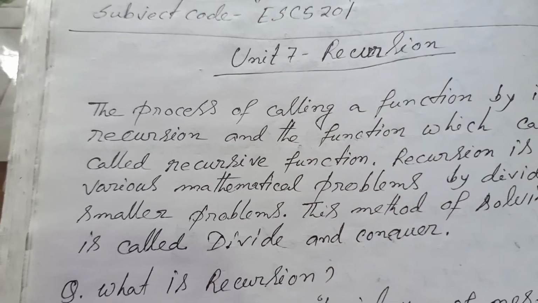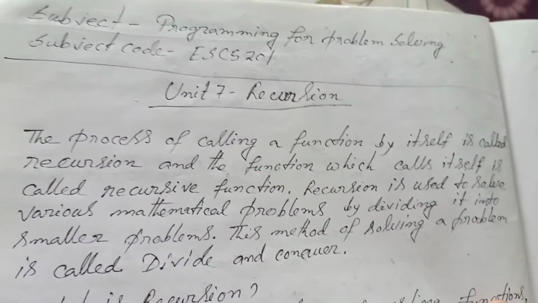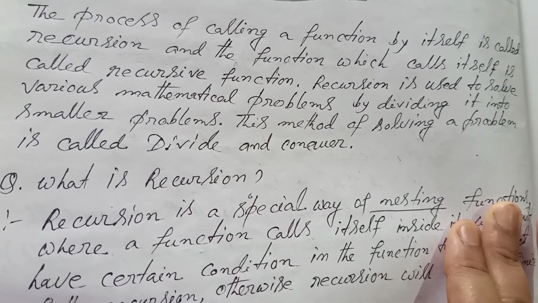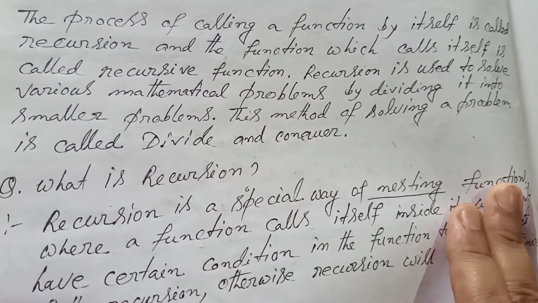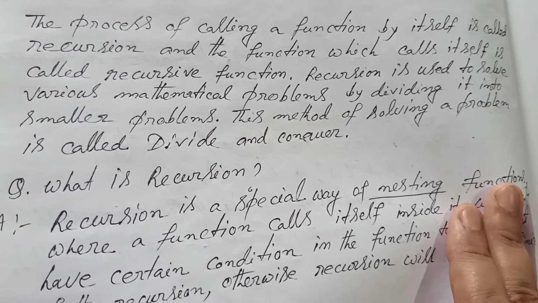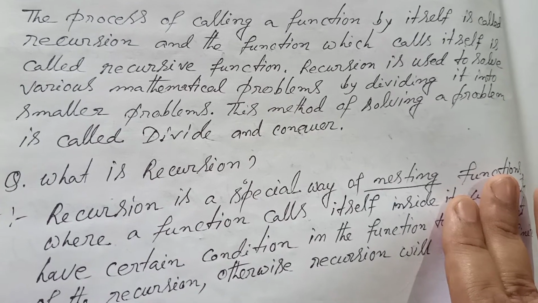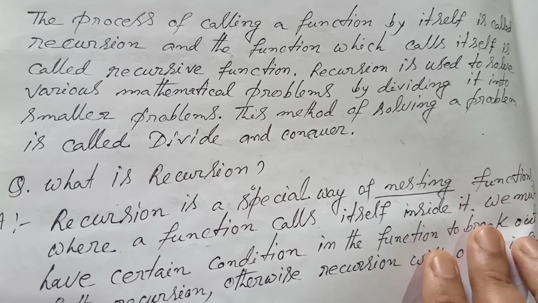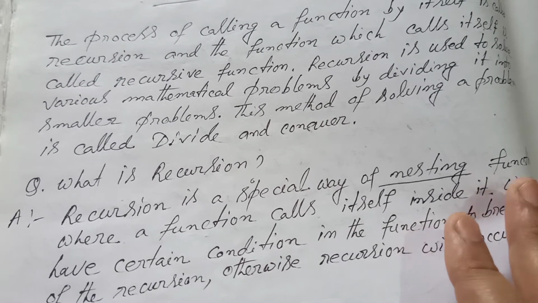Okay, so the process of calling a function by itself is called recursion, and the function which calls itself is called a recursive function. Recursion is used to solve various mathematical problems by dividing them into smaller problems. This method of solving a problem is called divide and conquer.